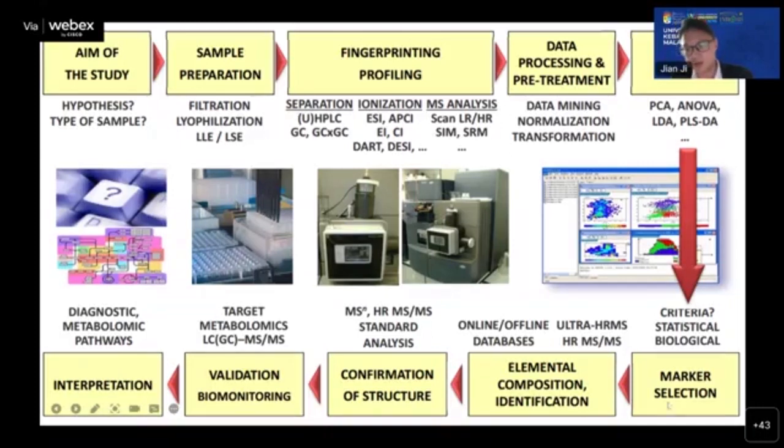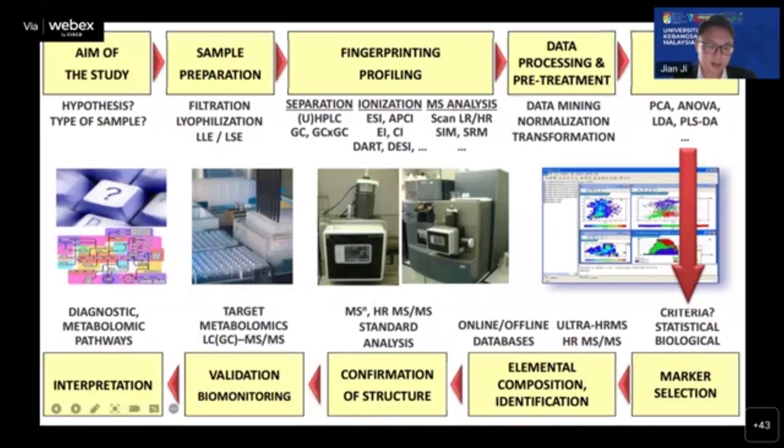After that, we have the selected markers, and then we do the annotation. The annotation normally has 2 parts. First, we have to know the element composition, and then we have to know the structure of it. In most cases, the software will do it together, but actually there are 2 different parts.